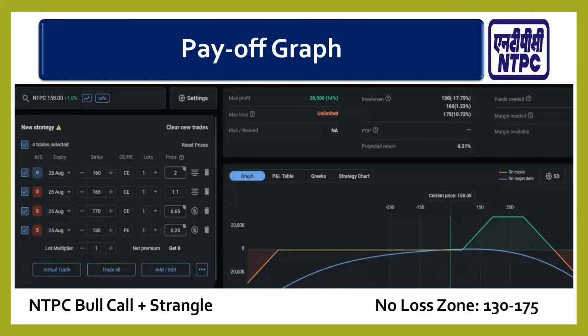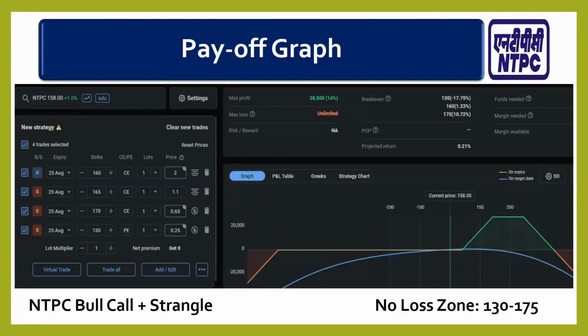As I explained, I bought 160 call, sold 165 call, and also sold 170 call. After taking these three strikes, there is still a debit of rupees 1,450, some change. To cover up that debit, meaning to bring it to zero, I sold 130 put.